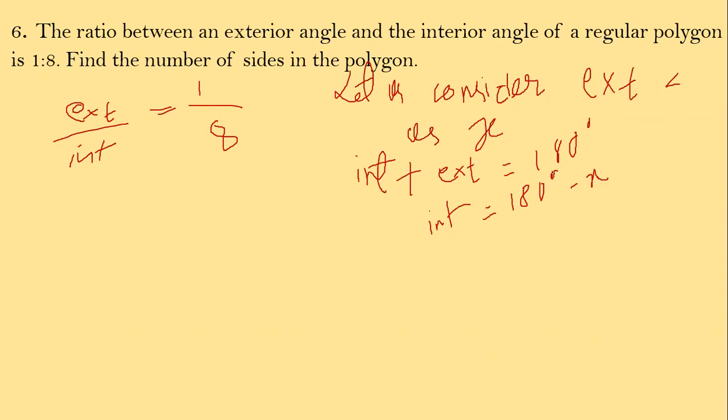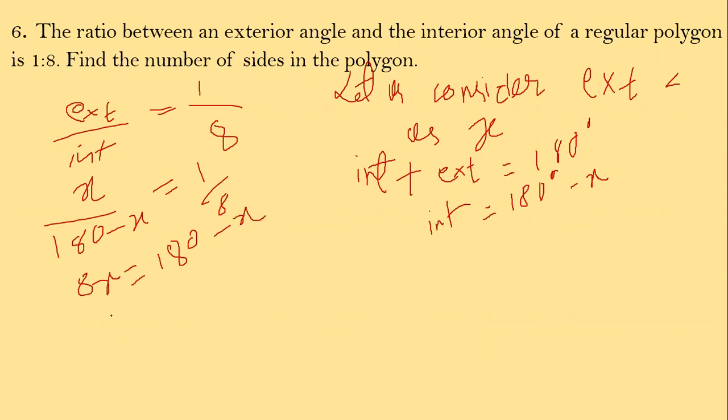Okay, now what will happen? We are considering the exterior angle as x. So x over 180 minus x will be equal to 1/8, right? So we have to find the value of x from here. So it is coming as 8x equals 180 minus x.